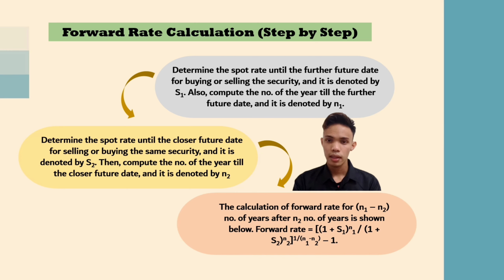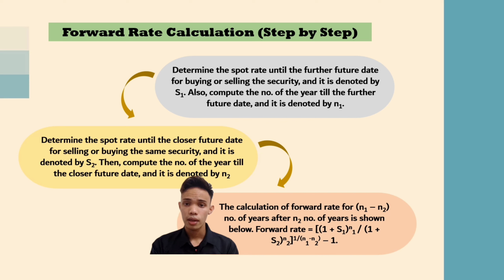Next, determine the spot rate until the closer future date for selling or buying the same security, denoted by S2. Then compute the number of years till the closer future date, denoted by N2.